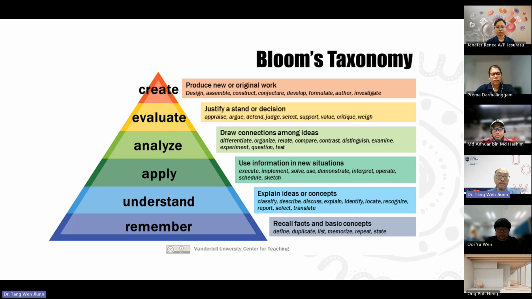These verbs will help us to create activities and also help us to cover a proper breadth and depth of the content. Now let's look at examples of the lesson learning outcome.